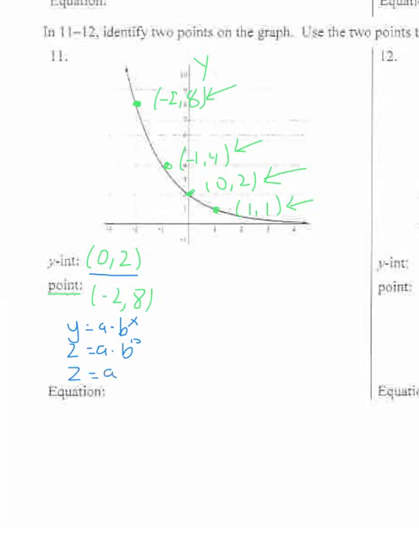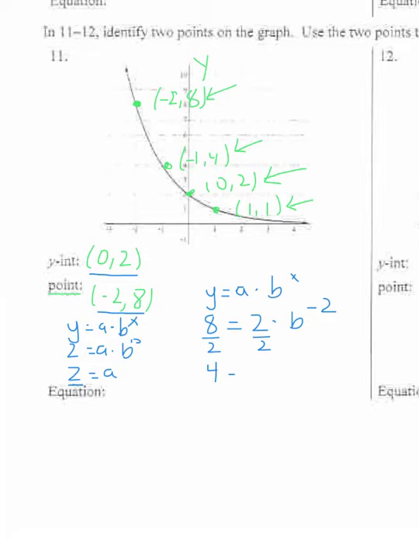And then we write it again. Y equals a times b to the x. Now we're going to use this second ordered pair. So 8 is your y. A is now the 2, times b to the x, where x is now negative 2. Right, we'll divide by 2.